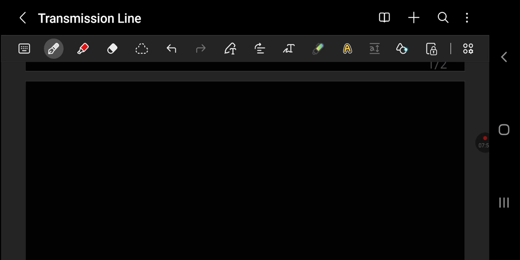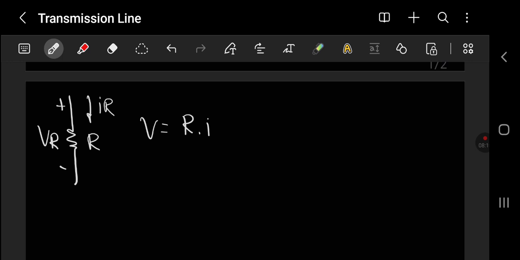For the resistor, we have V equals R times I, which is our old known Ohm's law.